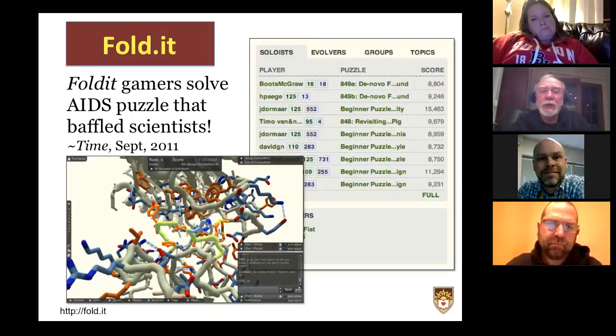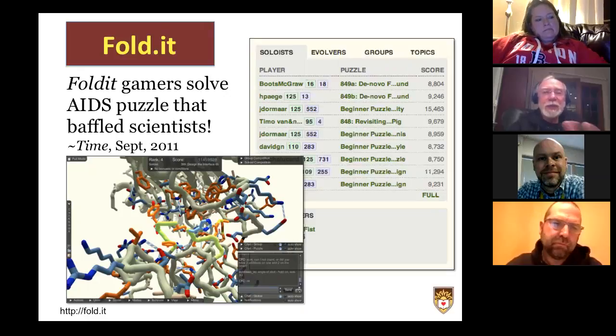So they use all of these techniques, but there's a challenge. It's hard. And the leading players have solved protein folding puzzles that have baffled top scientists for years. So this is just an example of something where gamification has done some pretty powerful things.